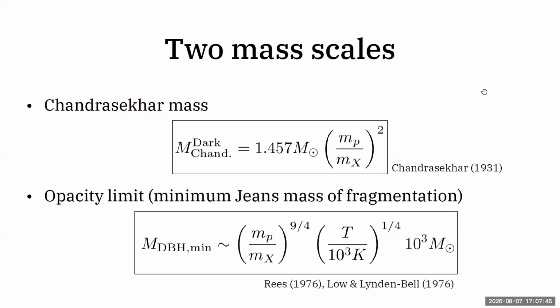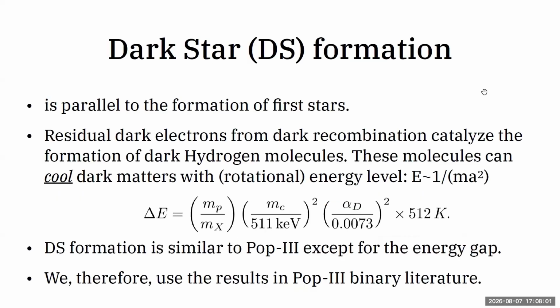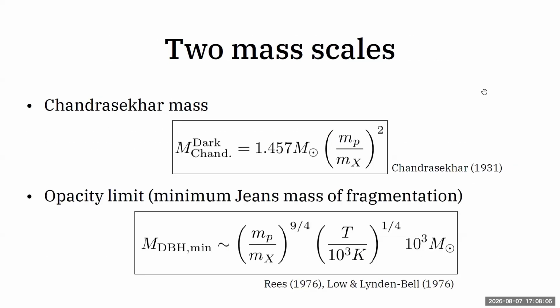This kind of mass scale of Population III star, but if you can increase the dark matter proton mass, it can be dropped. And also if you decrease the temperature, it can be dropped too. So to reduce the mass of dark matter star, what I did, because the temperature of the first object is determined by the energy level in dark, our Population III star is determined by the molecular low vibration energy gap.